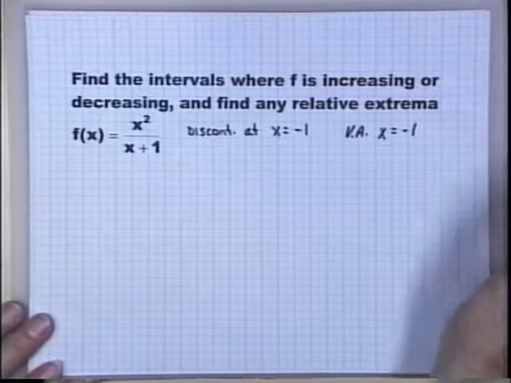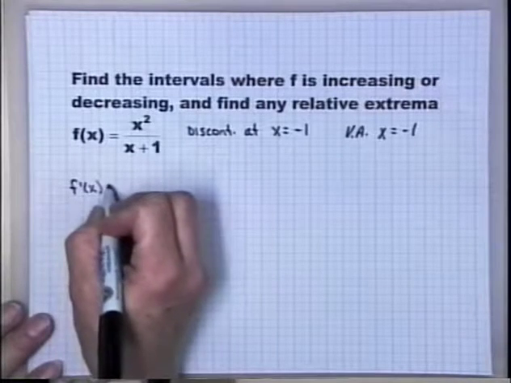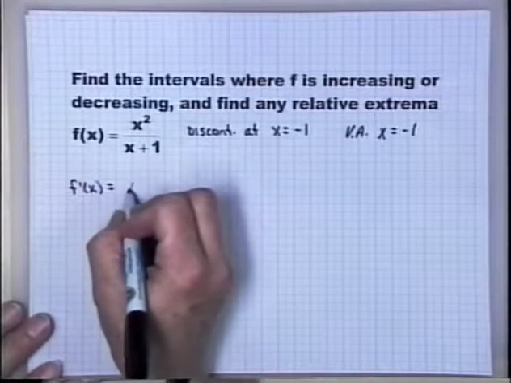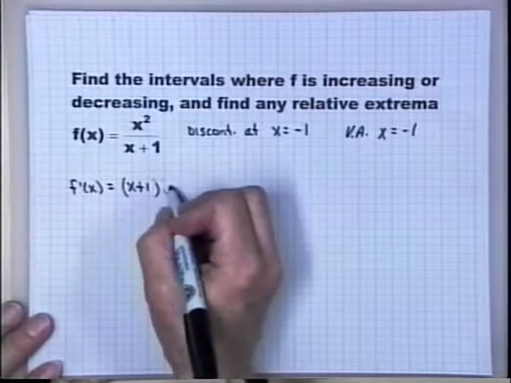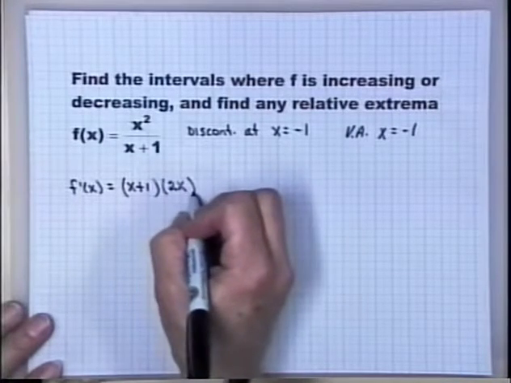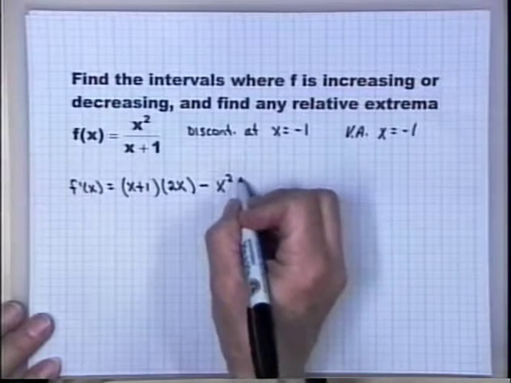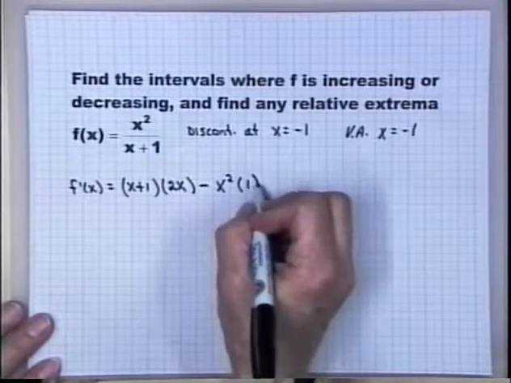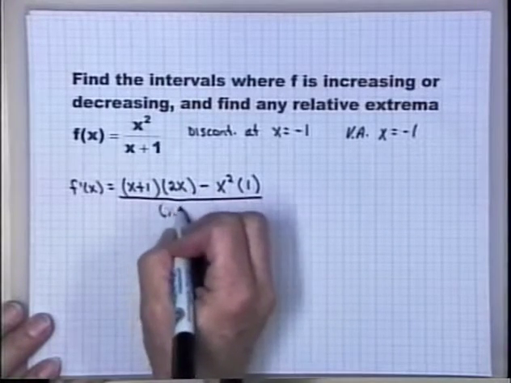Okay? Now, let's go about finding our critical values. We're going to get the derivative here. We'll need the quotient rule to get our derivative. Denominator x plus 1 times the derivative of the numerator, 2x, minus the numerator x squared times the derivative of the denominator, that's 1, over the denominator squared.